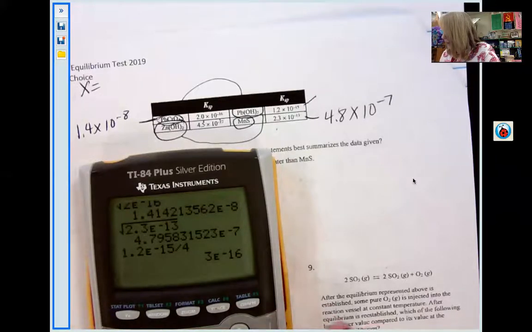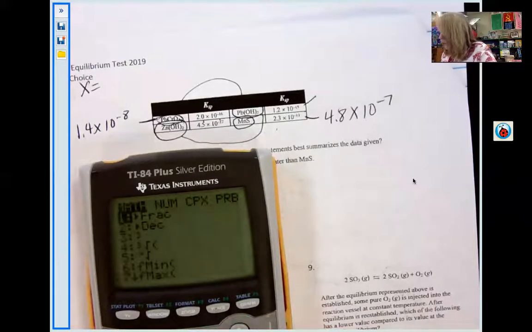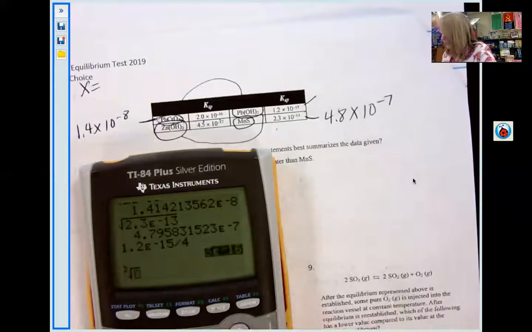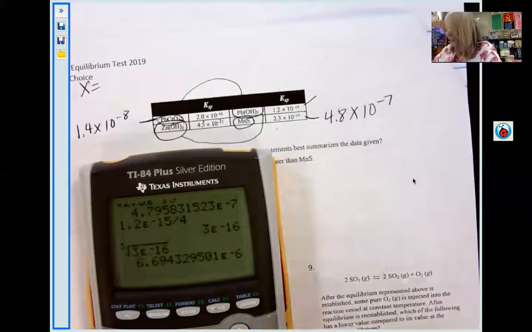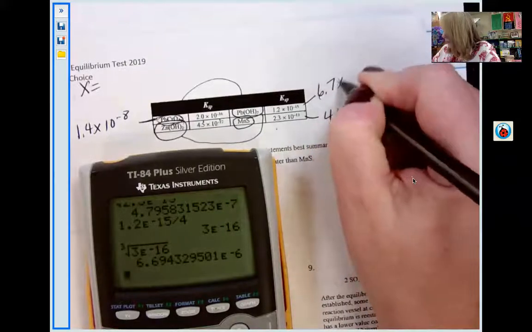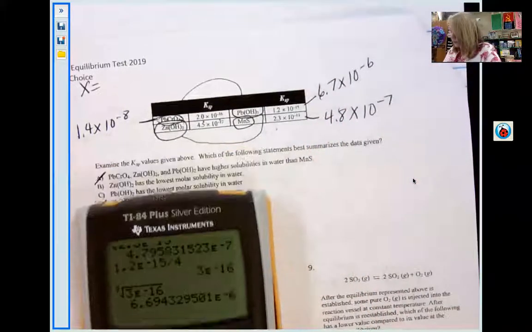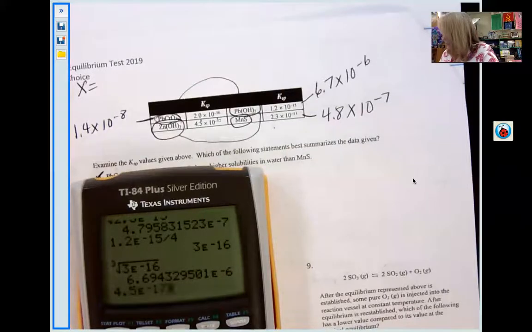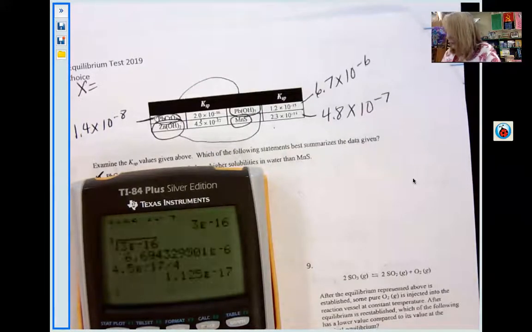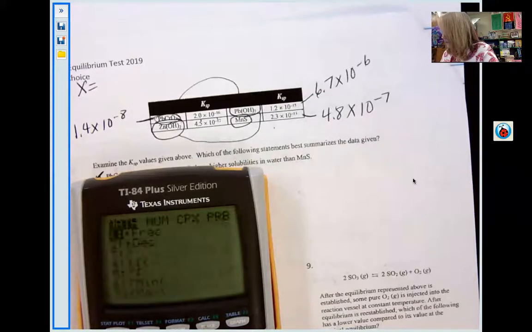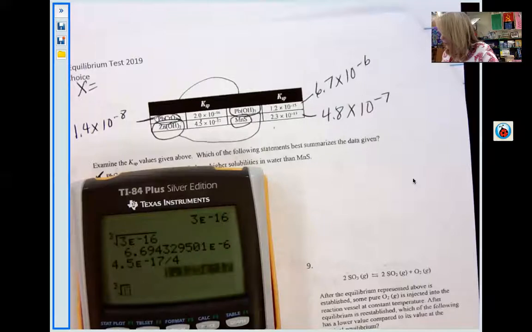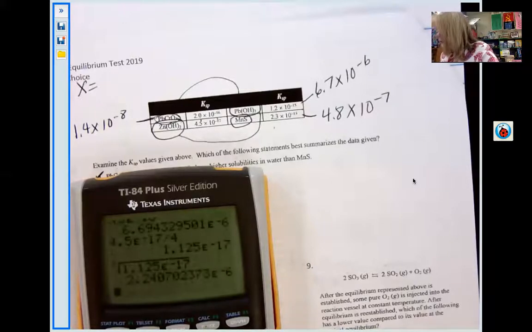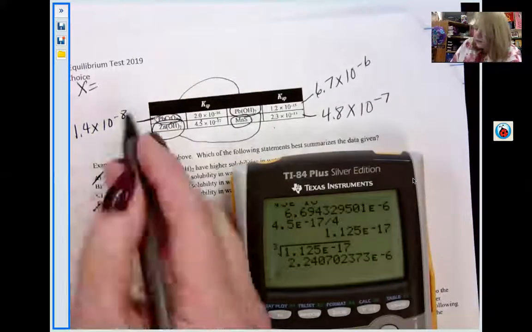So I need to hit my math button, and 4 of that number, okay? And I get 6.7 times 10 to the negative 6 for that one. Do the same thing with the zinc hydroxide. So 4.5 times 10 to the negative 17th divided by 4. And then I'm going to take the cube root. Oops, not second. I just need to hit math. 4. Grab that number, and I get 2.2 times 10 to the negative 6.